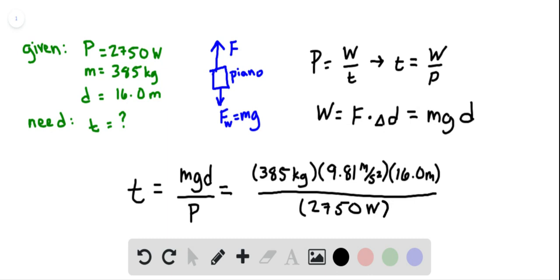Okay, so we have 3 number values on the top, 1 on the bottom. The lowest number of sig figs is going to be 3, so our answer is going to have 3 sig figs.